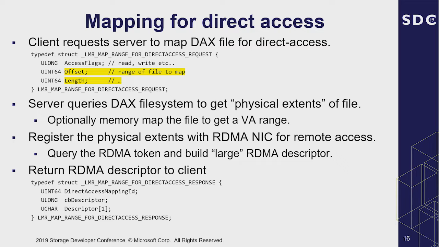Now, for the purposes of RDMA, these physical extents are sufficient to program the RDMA device to register memory, because all you're giving to the RDMA adapter is a base-bounds separated list of physical memory ranges. You give this to the device, and the device will give you back a registration token, which describes the region.